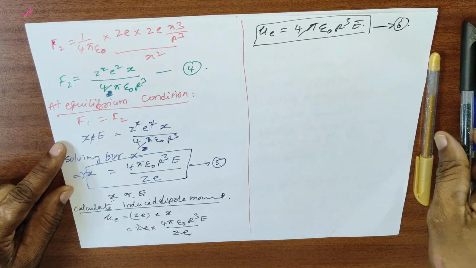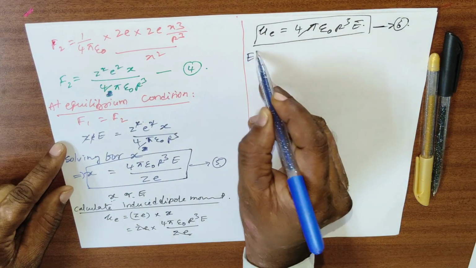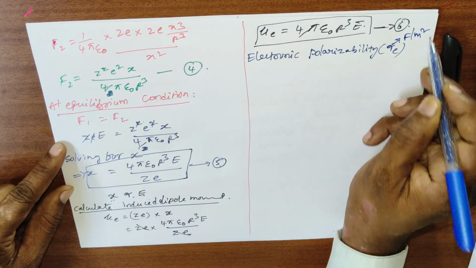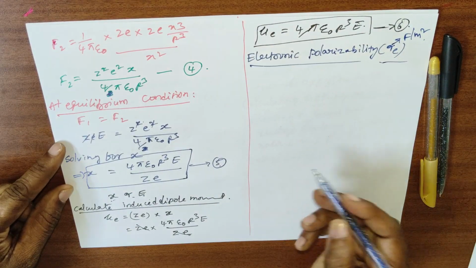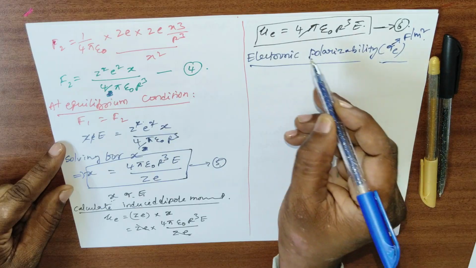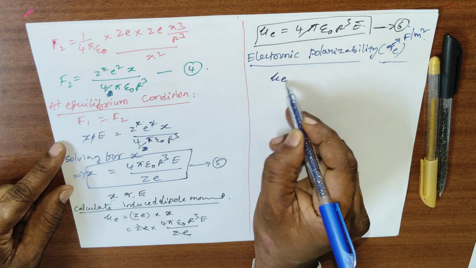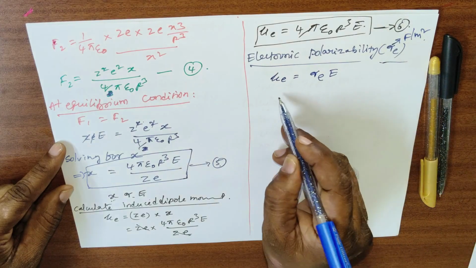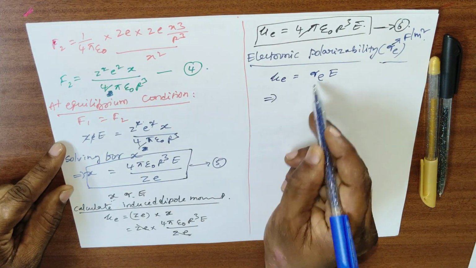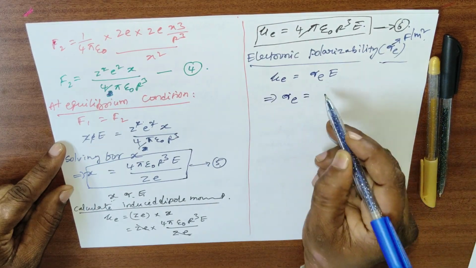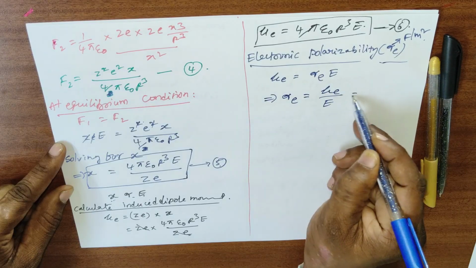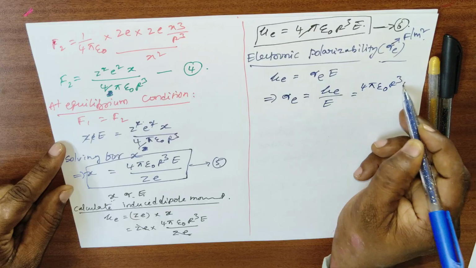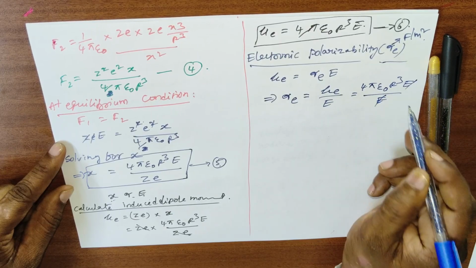Next, calculation of electronic polarizability, alpha E. Electronic polarizability units are farad per meter square. We know the relation between dipole moment and electronic polarizability: mu E is equal to alpha E into E. From this equation, alpha E is equal to mu E divided by E. Substituting mu E as 4 pi epsilon naught R cube E divided by E, E cancels.